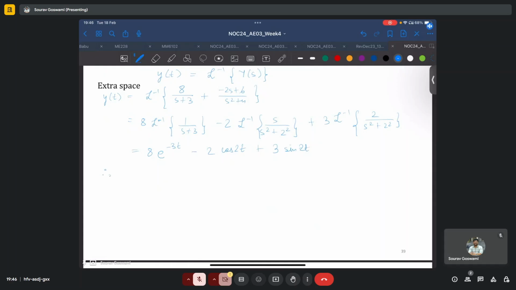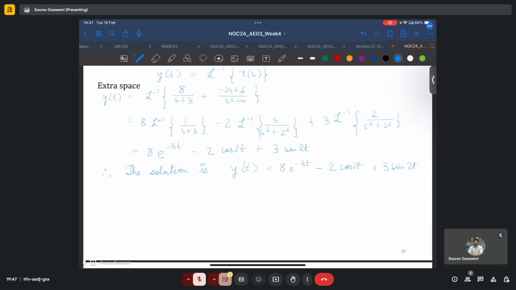And this, the solution that we are looking for, y as a function of t is 8 e power minus 3t minus 2 cosine 2t plus 3 sine 2t.